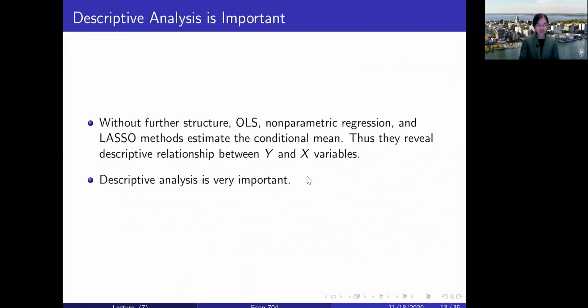Okay, so without further structure, OLS, non-parametric regression, or lasso methods, or other machine learning methods, they all just estimate the conditional mean, or they simply describe how y and x variables are related.